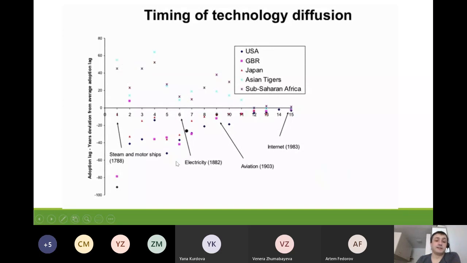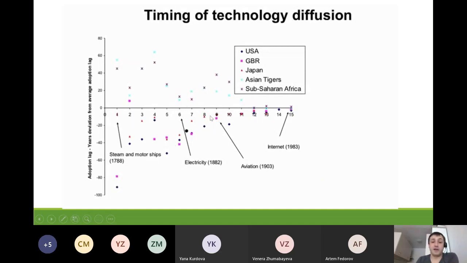For electricity, you can see, 100 years later, motor ships came in 1788, electricity in 1882. You can see that the difference between the first region, which in this case was Great Britain, and the last one, which was sub-Saharan Africa, is suddenly only about 55 years. So 140 years, then only 55 years over here.